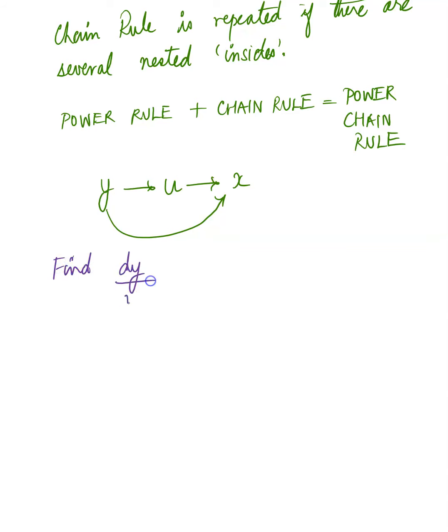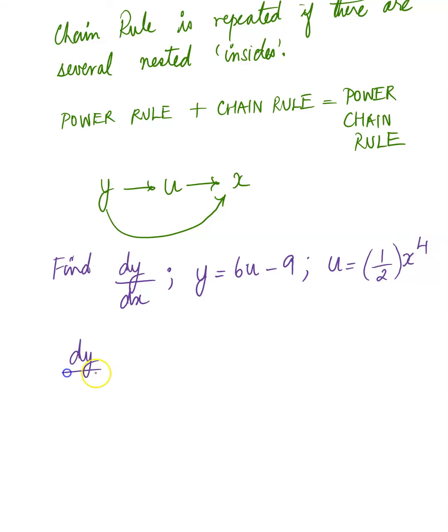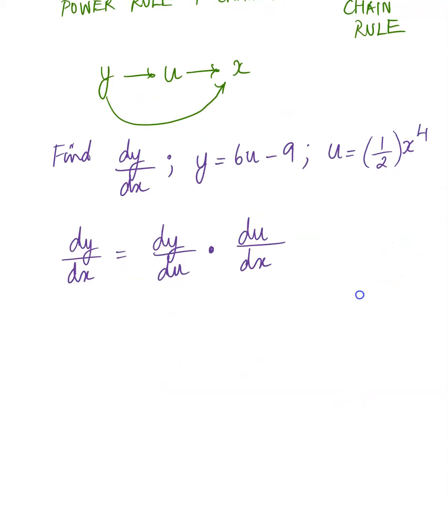Find dy over dx, and you'll be given y in terms of u, 6u minus 9, and then u in terms of x. As we see here, it is half x power 4. So we know that dy over dx will be dy over du times du over dx.